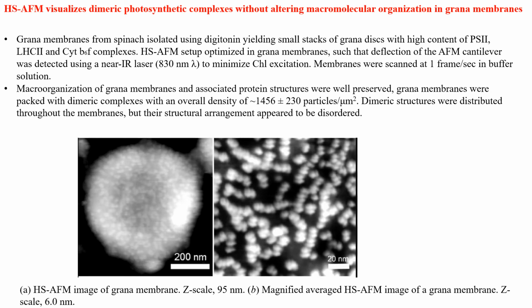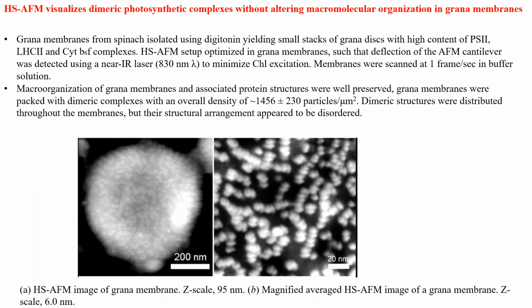The first experiment dealt with trying to visualize the particles in the grana stack. For that experiment, the grana membranes from spinach were isolated, and digitonin was used as a detergent, giving small grana discs which contained PS2, LHC2, and cytochrome b6f.